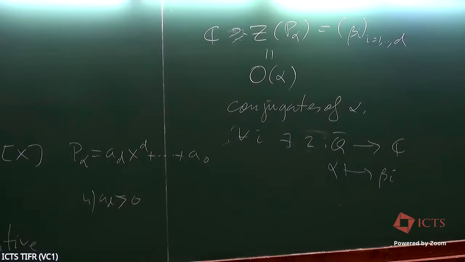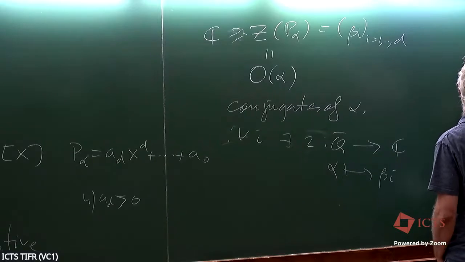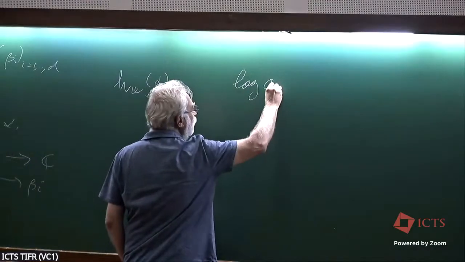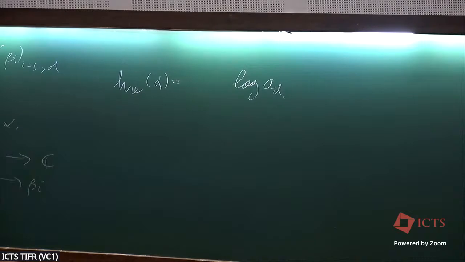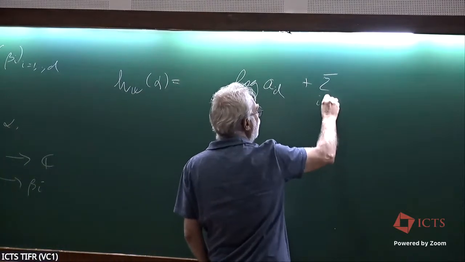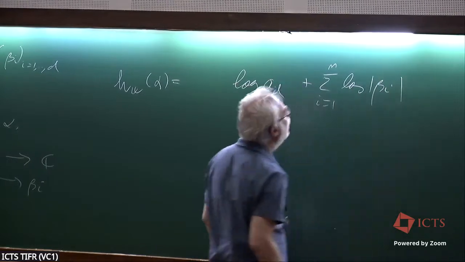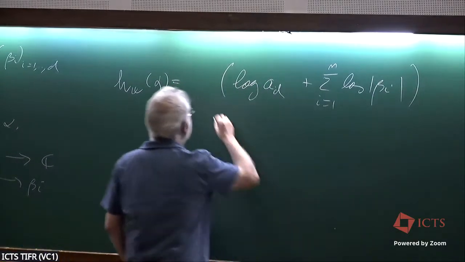Okay? So my definition: the Weil height of alpha will be, on the one hand, the logarithm of the main term, a_d. One can think of it as some kind of denominator of this algebraic number. And then the sum from i equal to 1 up to d of log plus of the absolute value of beta_i, the size of the conjugates, and then I will multiply by 1 over d.